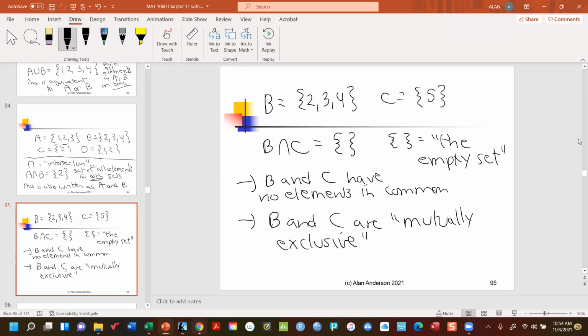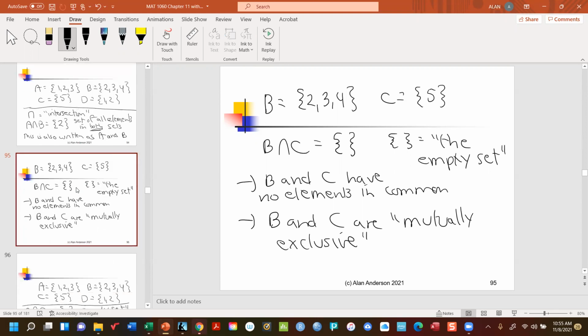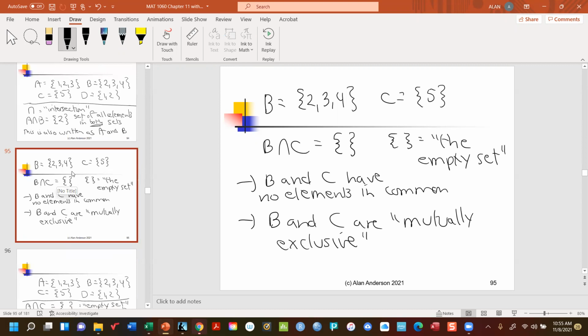Obviously, they have no elements in common. And so their intersection would be the empty set, or we could say that the odd numbers and the even numbers are mutually exclusive. It just means that they have no elements in common. All right. And I'm sure you can think of a lot of sets that have no elements in common.